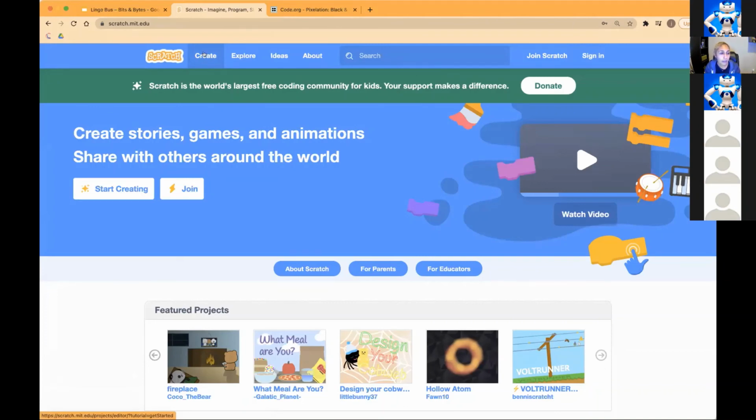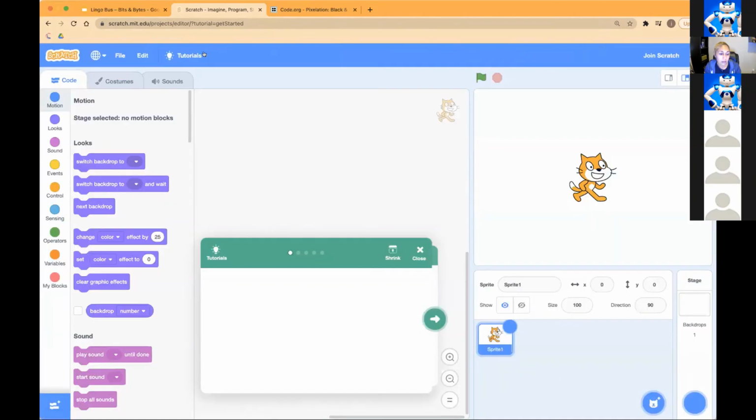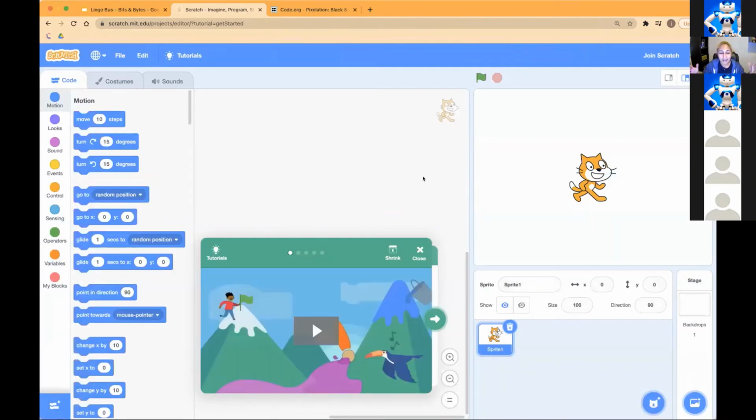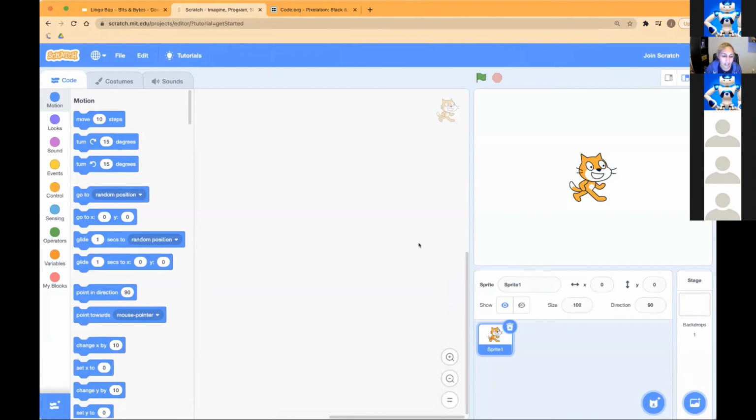Once we're here, I'm going to click on Create. Once I'm there, I now have this blank canvas. I can close out this tutorial because I don't need it. Now I see on the left a whole bunch of blocks. In the middle is where I can put my code. And over here where this cat is, is where I'm going to see the result of my program.